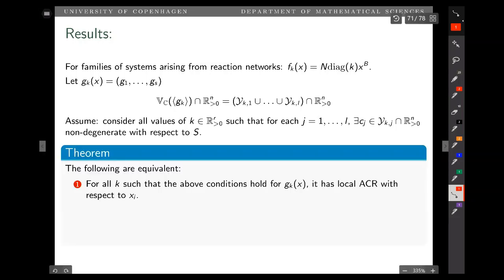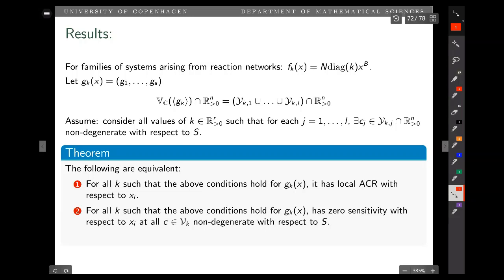When I apply my criterion, I get that it is equivalent to have local ACR with respect to Xi, or to have zero sensitivity in all the points in which the variety is a manifold. And now I would need to check the rank of the Jacobian to use the criterion. But instead of the Jacobian, I can use an easier computation, which comes like this.